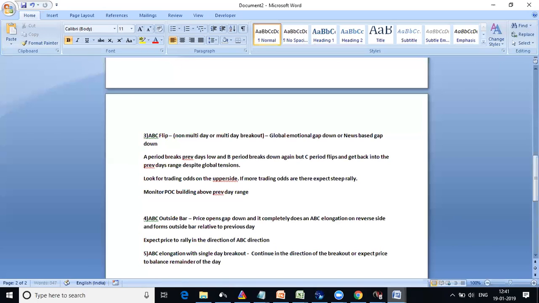The remainder of the day is where you can expect a possible P-shape or B-shape profile. So these are the odds where a possible P-shape or B-shape setup will mostly kick in.